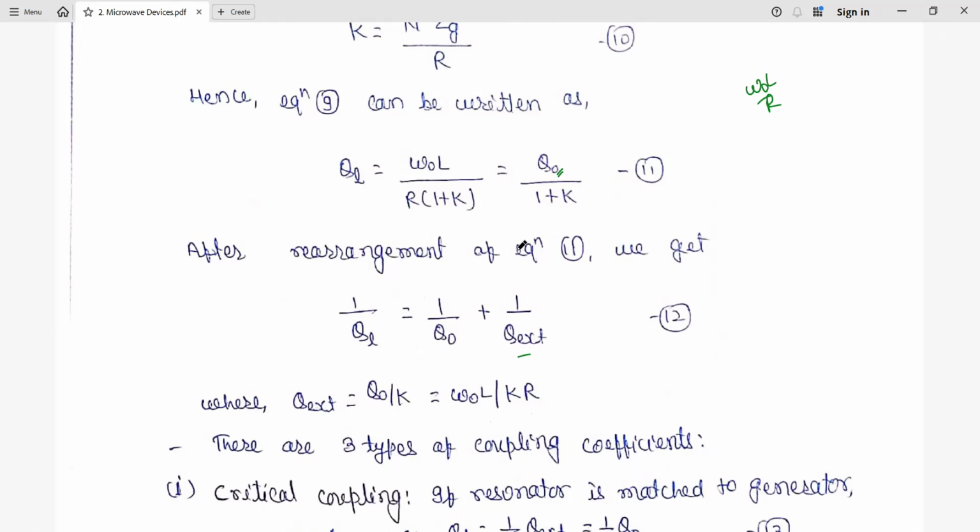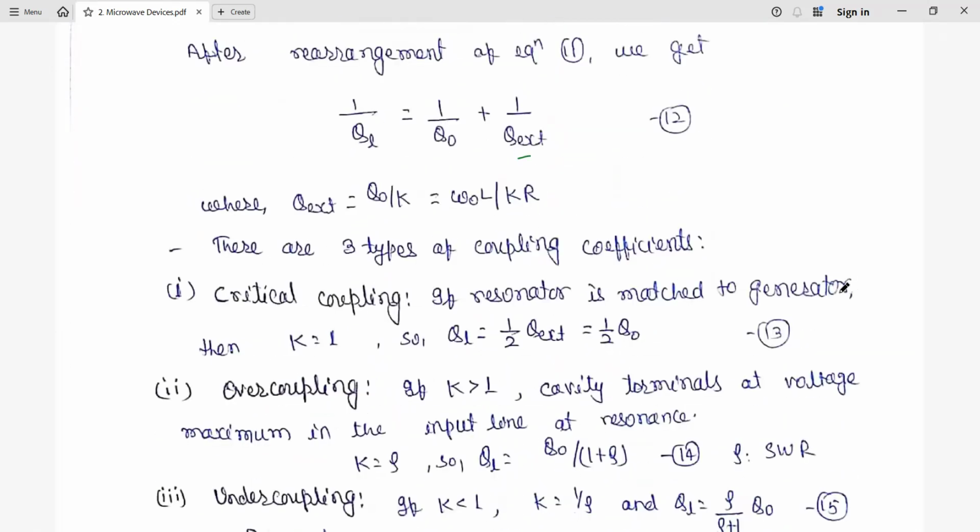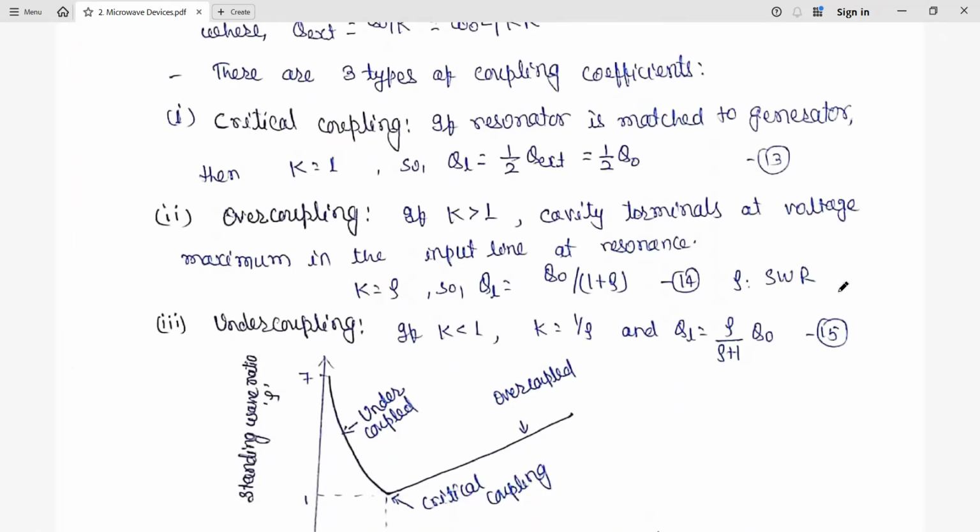We can rearrange this with the help of factorization. Here we have three different types of coupling, which is important again, as a separate question is asked about the coupling coefficient. Otherwise, a long question is asked about cavity resonators along with quality factors.